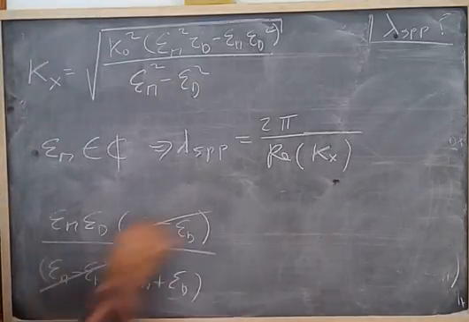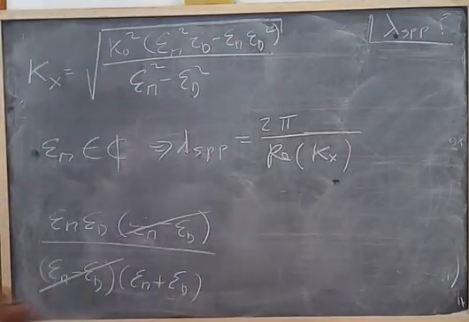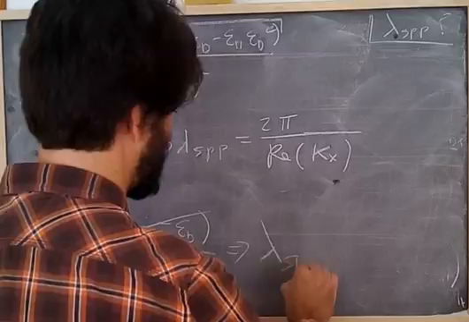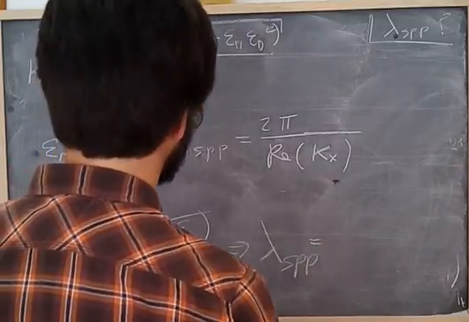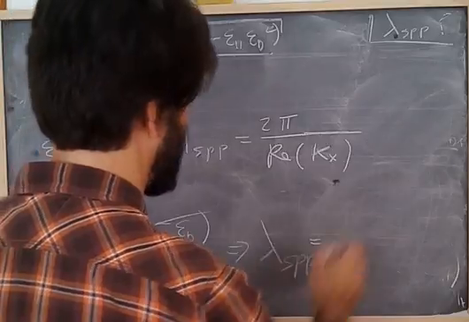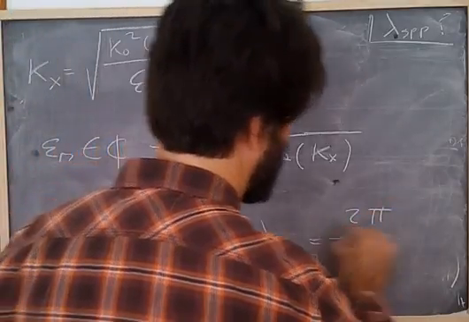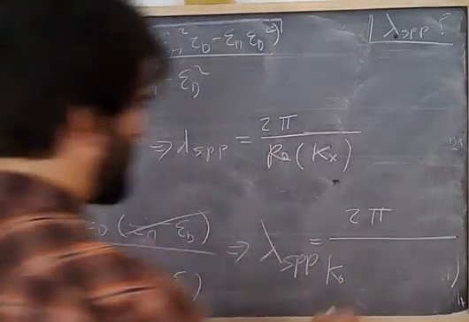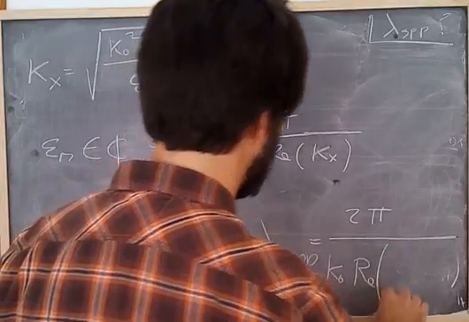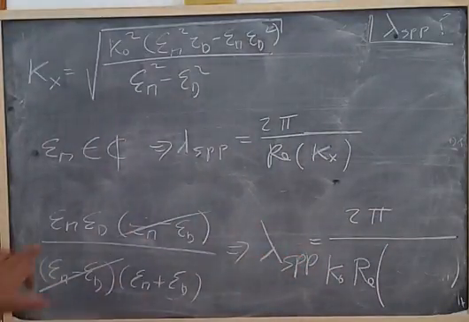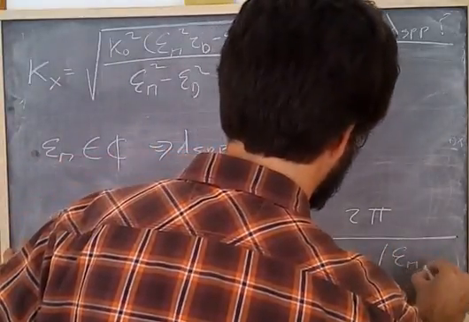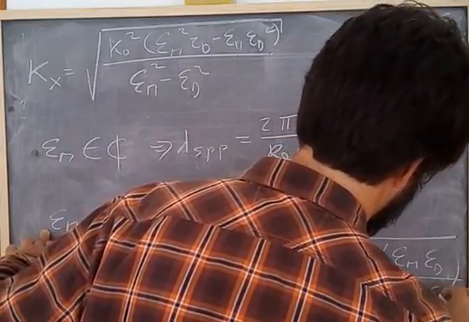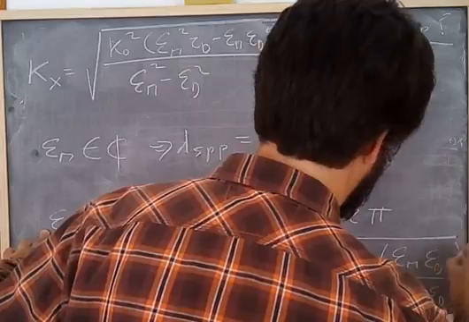You can remove this with this, and then we can write that lambda surface plasmon-polariton is equal to 2 pi over k0, the real part of epsilon m epsilon d over epsilon m plus epsilon d, to the power 1/2.